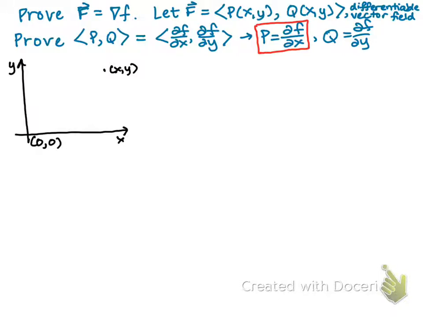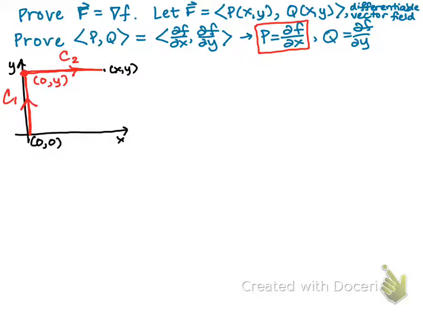All right, so I'm going to pick a path, C, that goes from 0, 0 vertically, and then goes horizontally to xy. I'm going to call this first leg C1, going to the point 0y, and then I'll call this second leg C2.